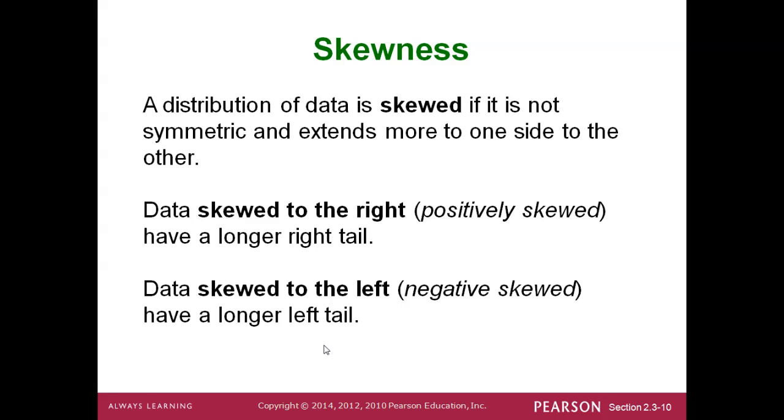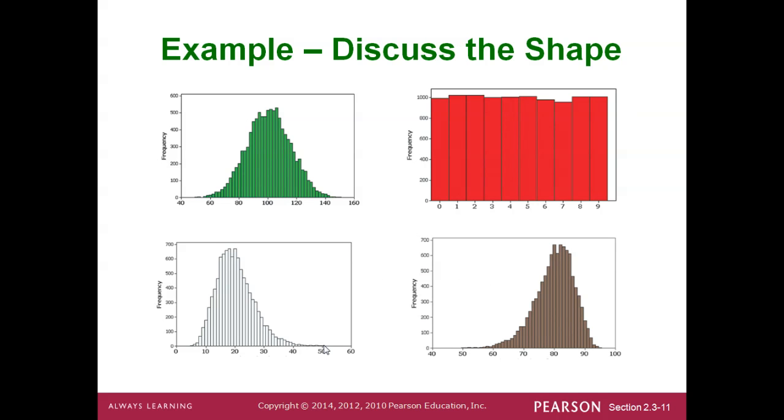That'll come in handy later on in hypothesis testing, knowing what kind of test you use based on whether it's normal, right skewed, or left skewed, and which end your value falls on. Skewed data is pushed one way or another, pushed to the right or pushed to the left.